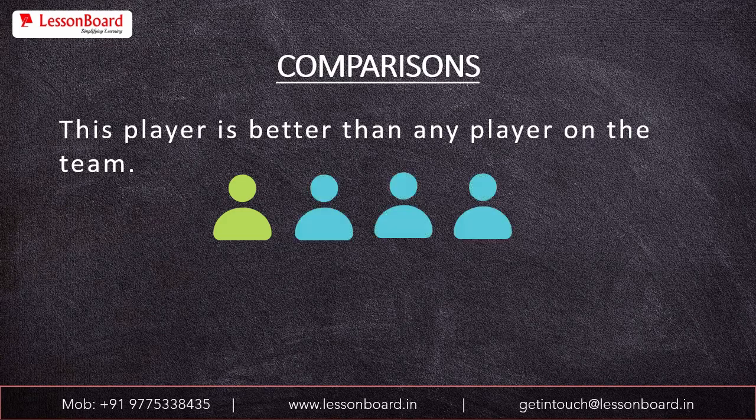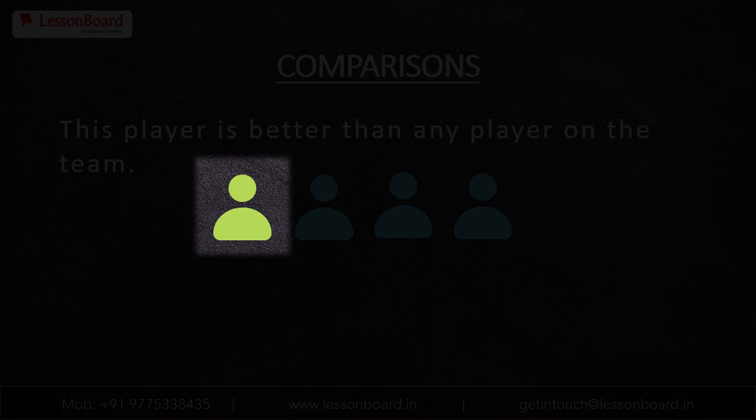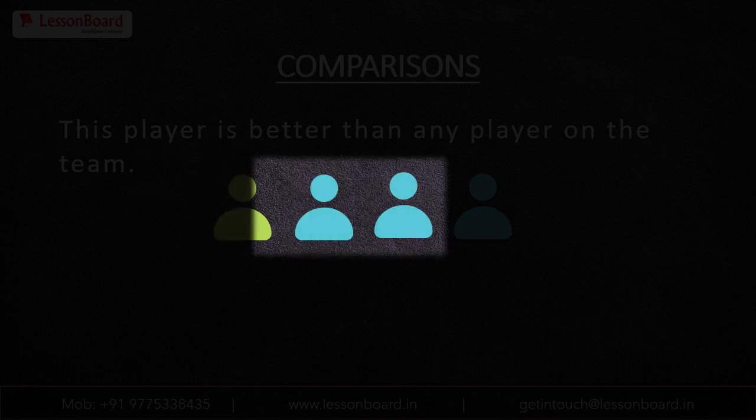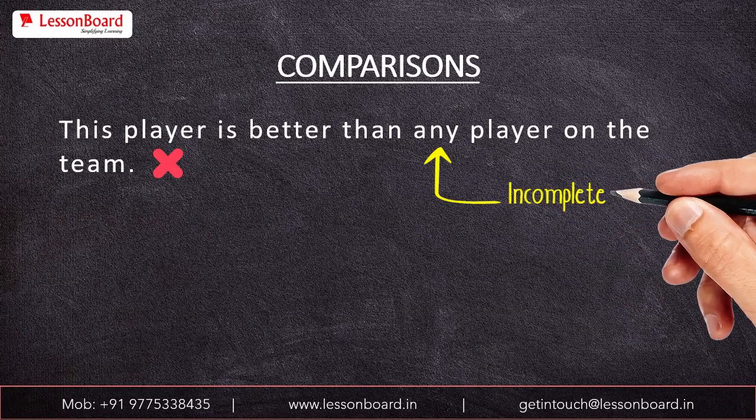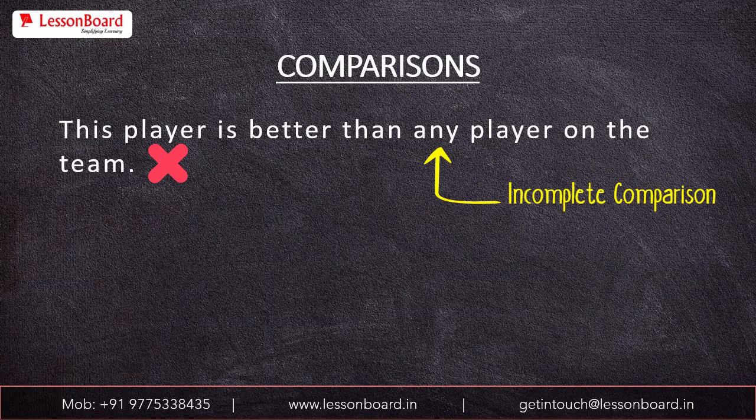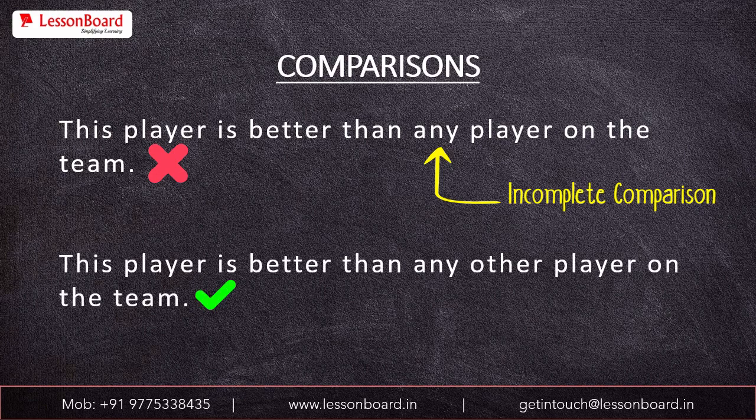Our intention is to compare this player to the other players on the team. So this is an example of incomplete comparisons. In order to correct this, we would write this player is better than any other player on the team. Okay, I hope this is clear.